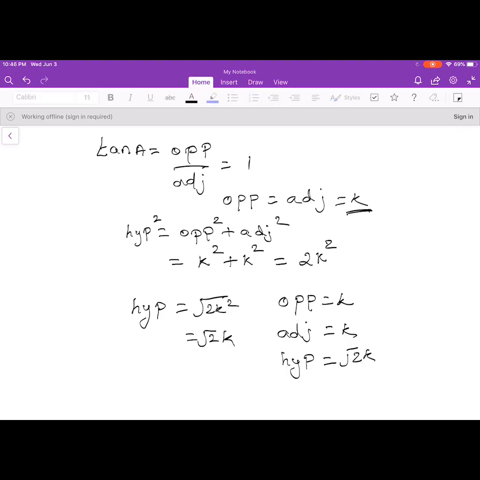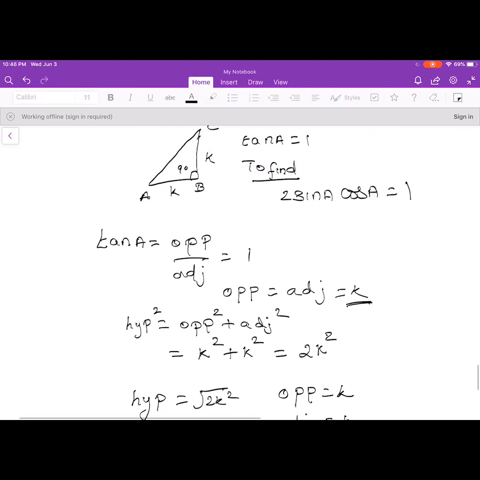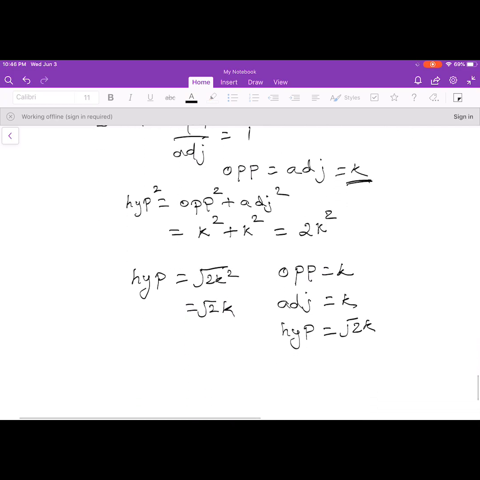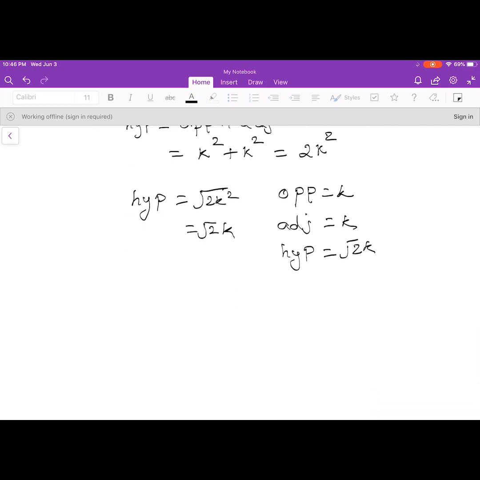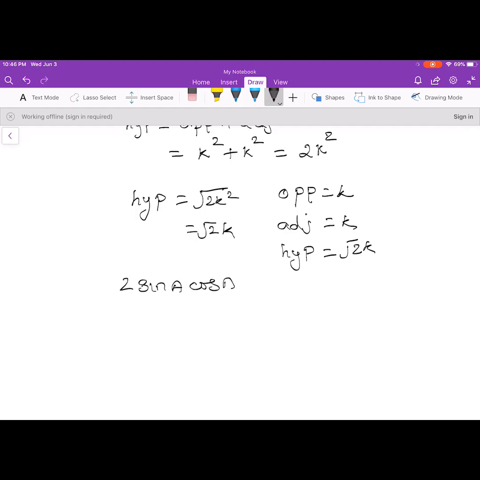And I have to find out 2 sin A cos A. Let me find out what 2 sin A cos A is. For that I have to find out sin A and cos A first. Sin A equals opposite by hypotenuse.